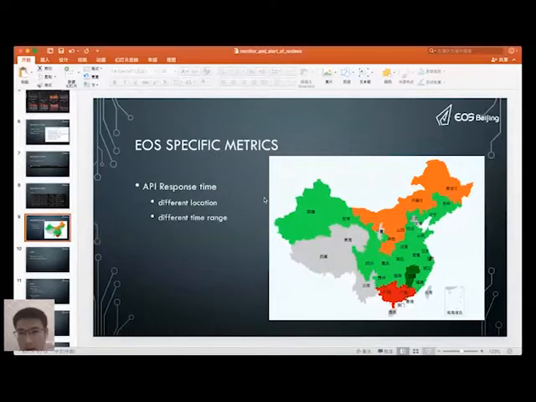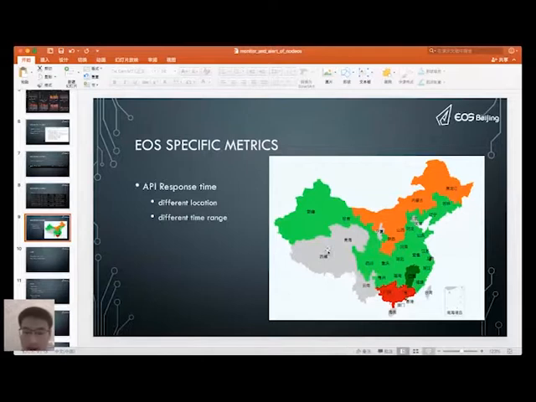This is a picture. I did some tests in China, from different provinces in China connecting to an endpoint, and you can see some areas are marked as red.